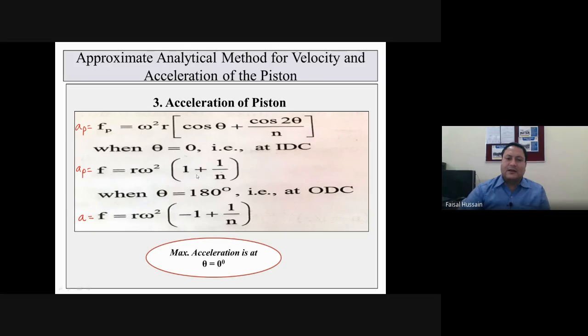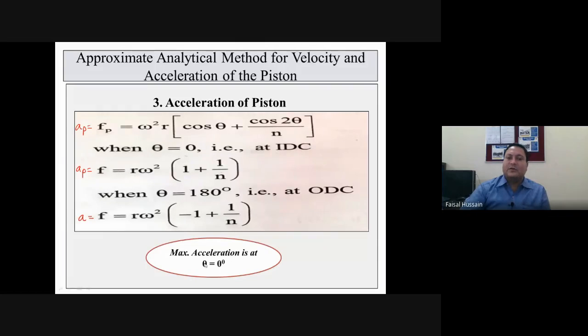Similarly, when theta equals 180 degrees, the equation becomes R omega square, cos theta is minus 1, plus cos 2 theta is 1 upon n. And please make a point that maximum acceleration will occur when the crank angle is 0.